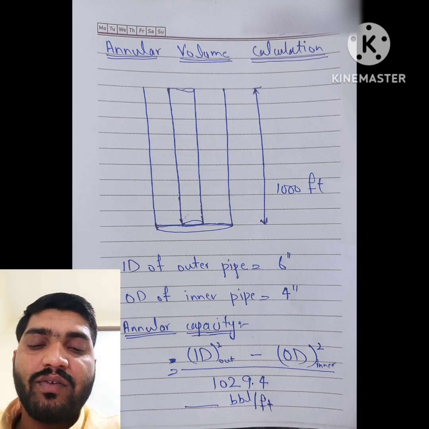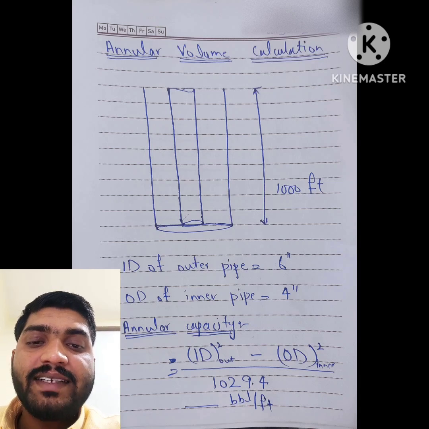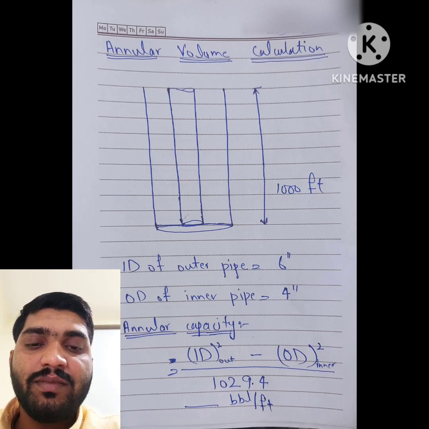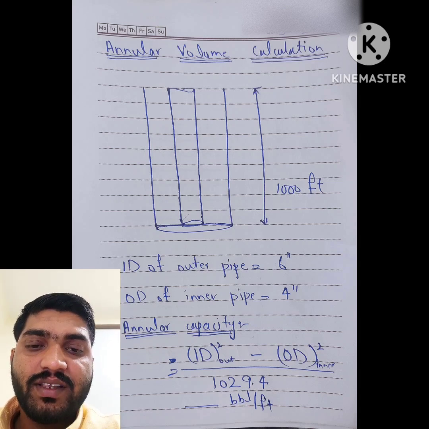But before we proceed with our calculation, let's define what annular capacity is. Annular capacity is the volume of fluid in the annulus occupied by 1 foot. That is, the volume of 1 foot of annulus is called annular capacity.